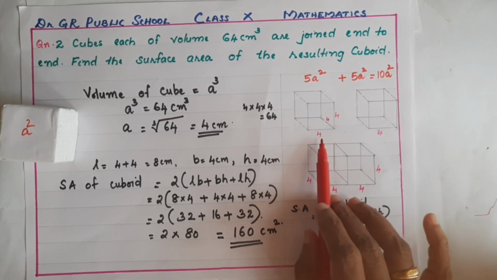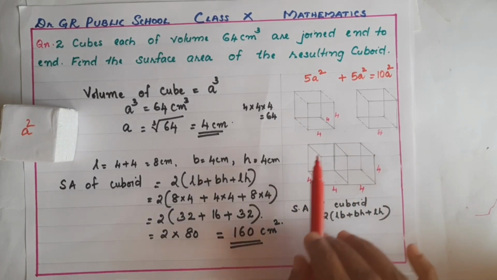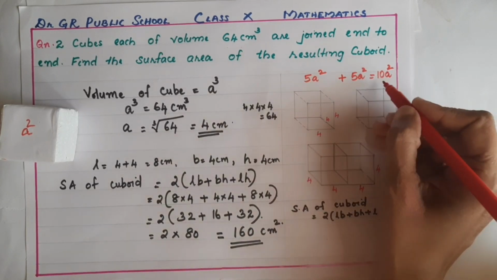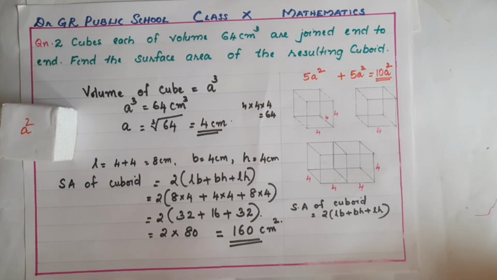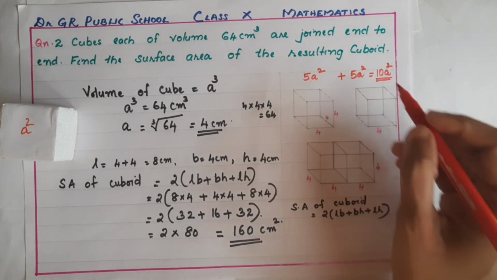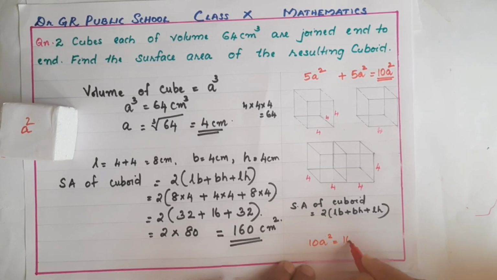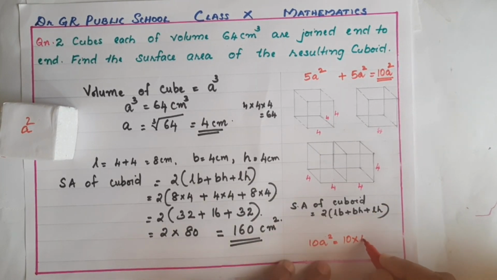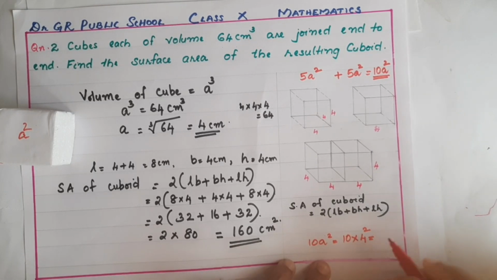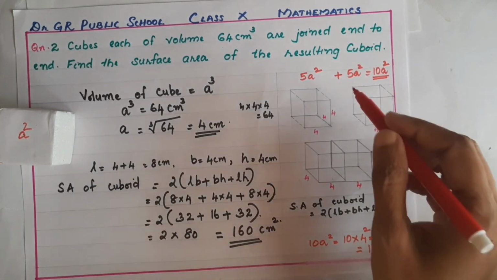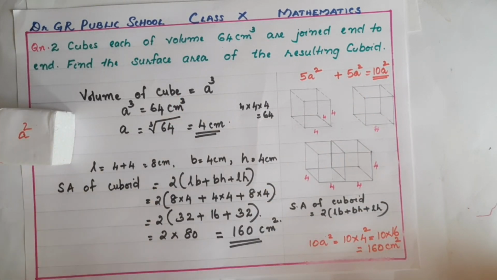Isn't it? Edge is 4. So, we can find out the resulting cuboid's surface area by using this formula also. 10A square equals 10 into 4 square. So, 10 into 16, the answer will be 160 centimeter square. So this also can be applied for this question.